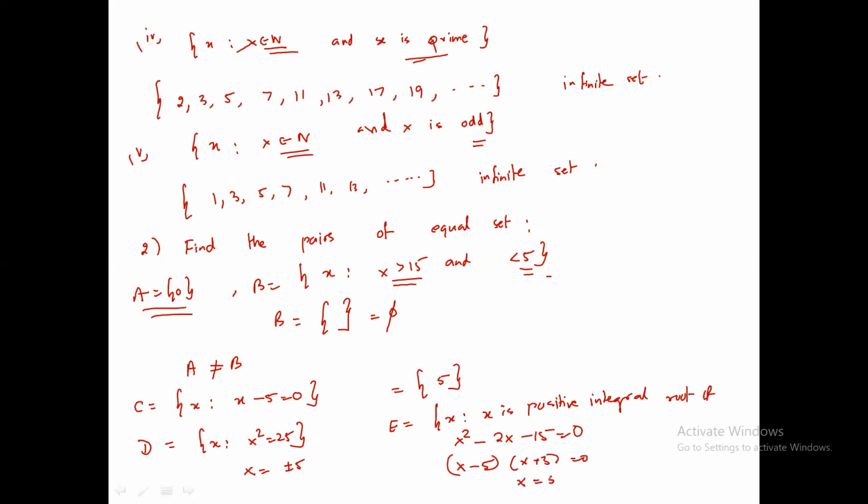So I'm getting x equal to 5 and minus 3. So I have written all the sets A, B, C, D, E. Can you find any two sets to be equal?